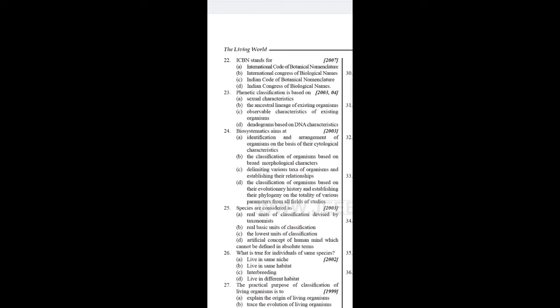The classification of organisms based on their evolutionary history and establishing their phylogeny on the totality of various parameters for all fields of studies. Okay. Next question. Number 25. Species are considered as. Option C is correct. The lowest unit of classification. Okay.